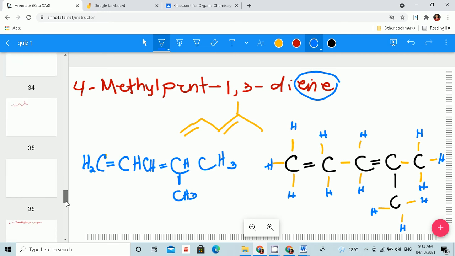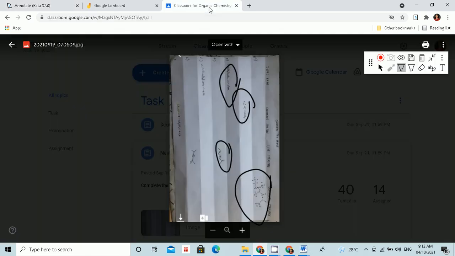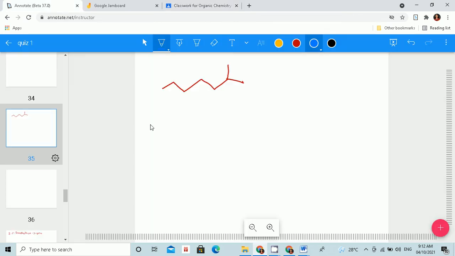Now, okay, we are in number 4 finally. Okay, in number 4 we are given with this one, and we have a double bond here. Let's put that. So first thing to do is you count the straight chain. So we have 1, 2, 3, 4, 5, 6, 7.